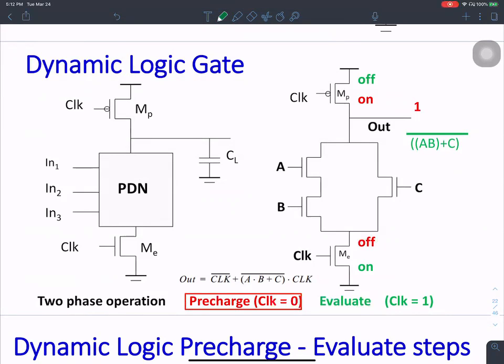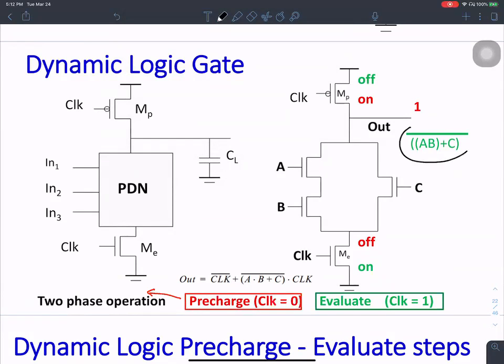The output is valid only during the evaluate phase. During precharge, the output is not valid. During evaluate, the output is valid. That's the idea.